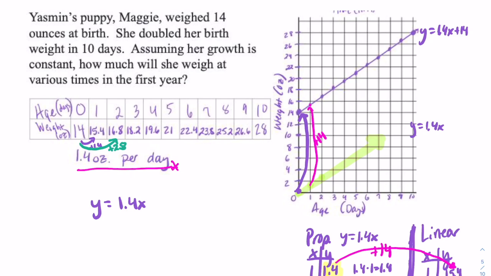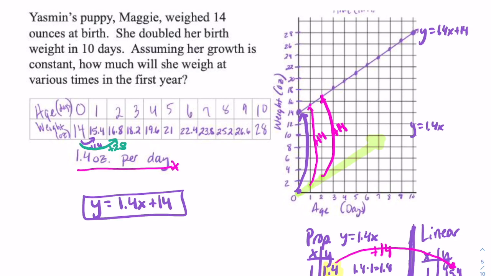Same thing, we go from 2.8 up to 16.8 because we have to add in that 14 ounces that she weighed at birth. So our equation kind of matches up with that. So it would be y equals 1.4x. That takes care of that constant rate of change that we have, plus the 14 ounces that Maggie weighed at birth. So this is what the equation would look like.